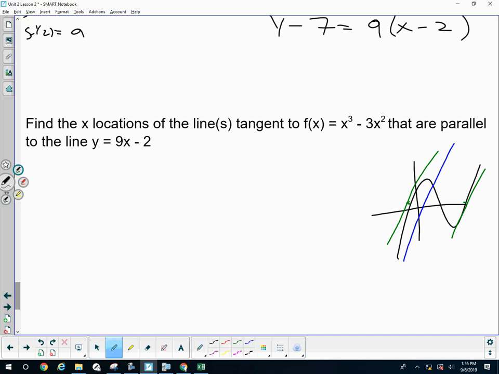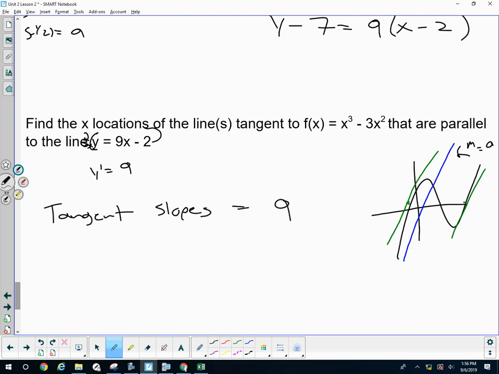Well, we know that the slope of this blue line is what? What's the slope of it? 9. Y equals mx plus b. Guess what? You could take the derivative of this, and you can see another way of getting 9 and why m is 9. So the slope of that is 9. I want to figure out when my tangent slopes equal 9.